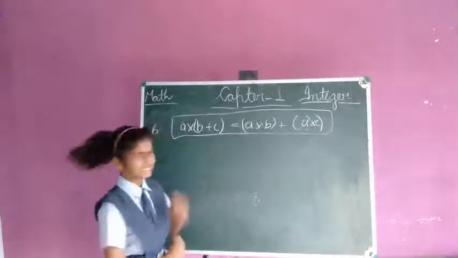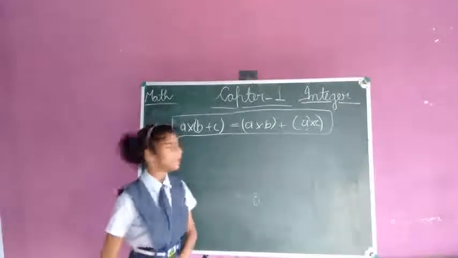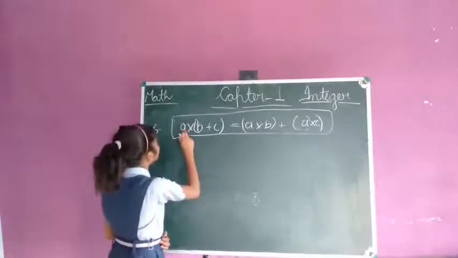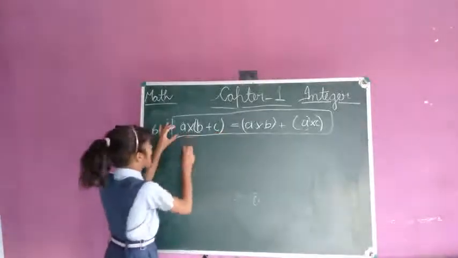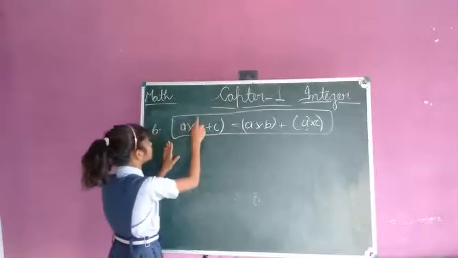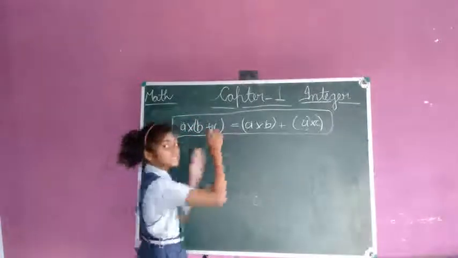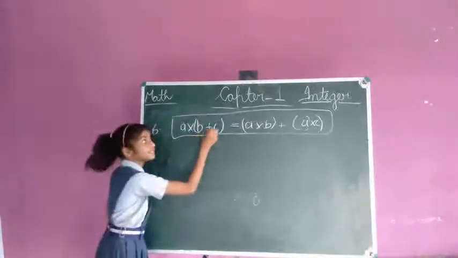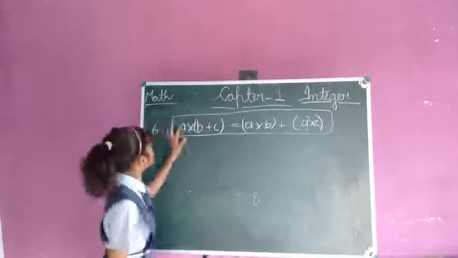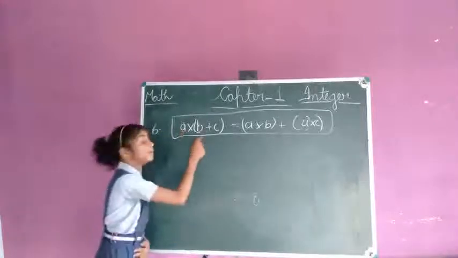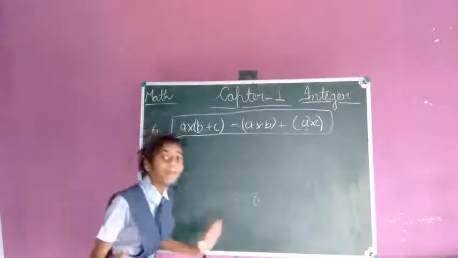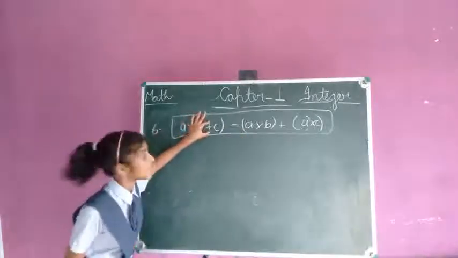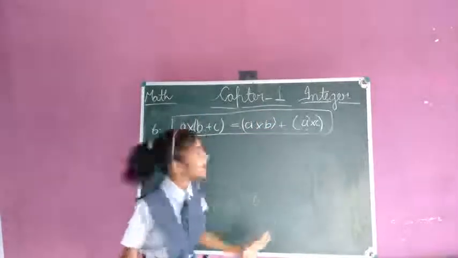Friends, are you understanding this property? It means that here it is A into (B plus C), and if we do A into (B plus C), because B plus C here is in bracket, first we do A into B, means A multiplied by B. Here it is an addition sign, so we will use the addition sign here.